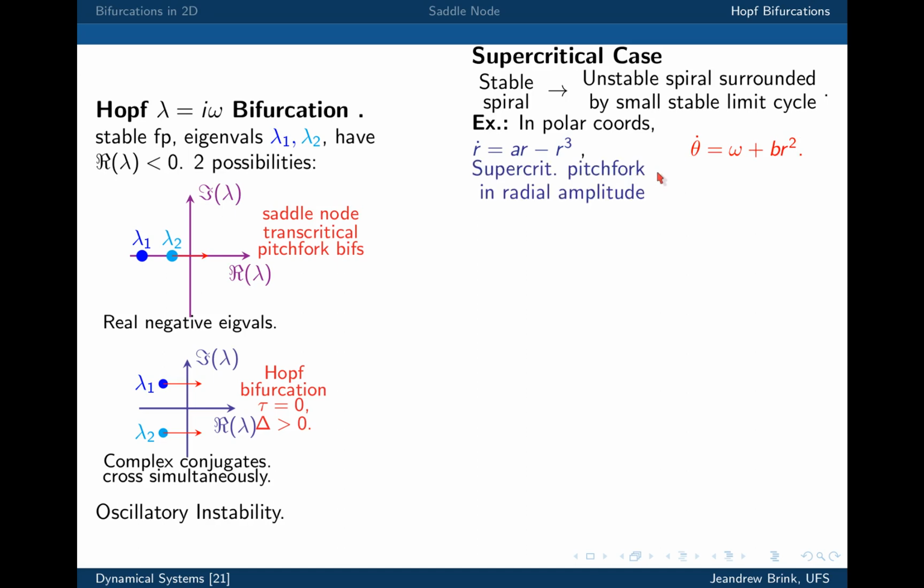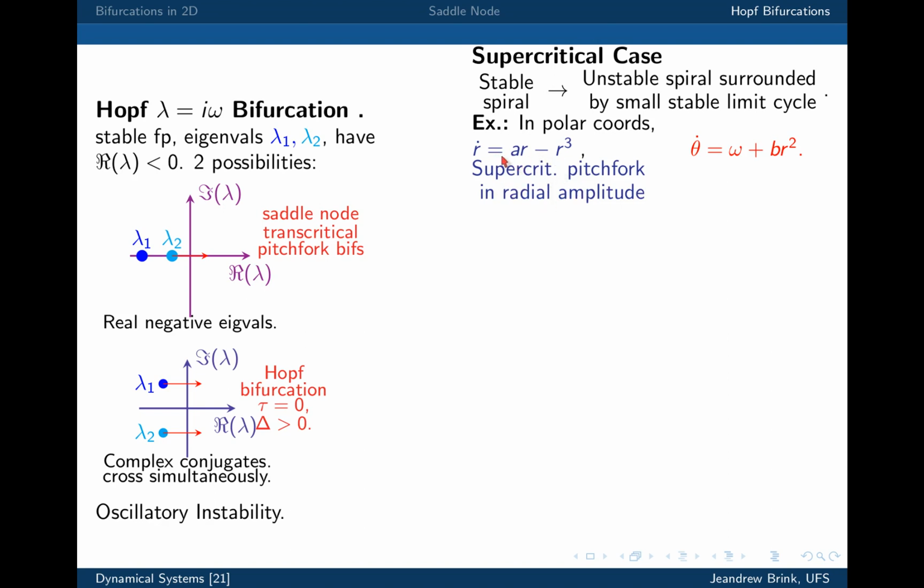And so what happens is, if you look at this r equation, it's the exact equation, in fact, that we saw in a supercritical pitchfork bifurcation, except that now it is in the amplitude r.